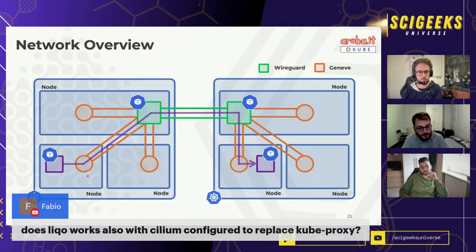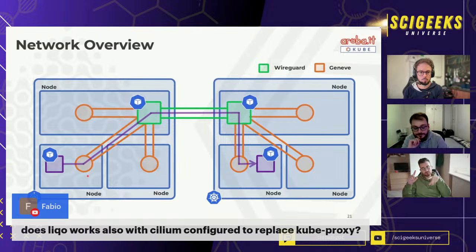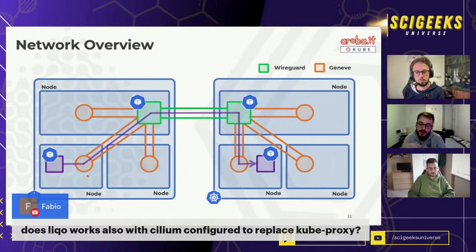So if you have an offloaded pod that is a backend for a node port service, you will have a problem with the Cilium kube-proxy replacement. But for example, if you just have traffic inside the cluster, it works without problem.